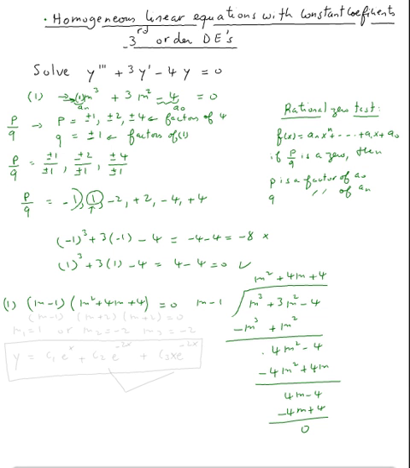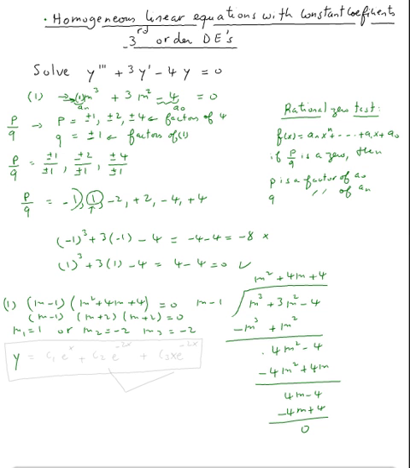Now this means m is equal to 1, or m is equal to, let's factor this one. This is m minus 1, this is m plus 2, m plus 2. So m1 equals 1, m2 equals negative 2, m3 equals negative 2.